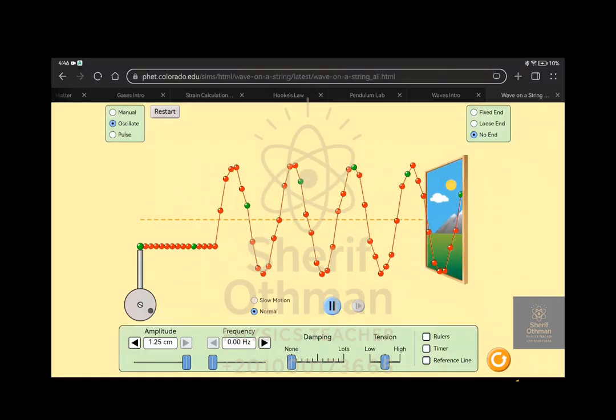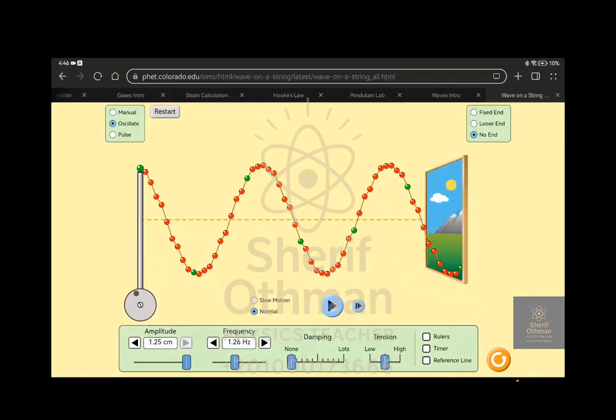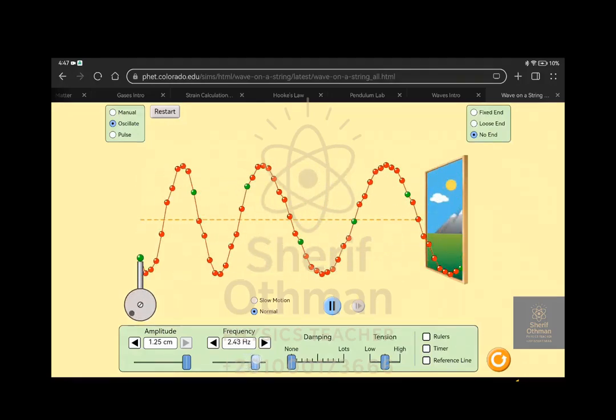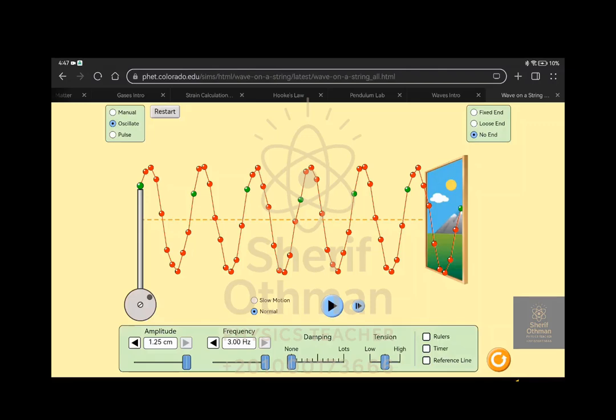By decreasing the frequency, the number of waves decreases per unit of time, and the wavelength increases. Notice that the wavelength increased. Decreasing the frequency increases the wavelength. By increasing the frequency, the number of waves produced in 1 second increases and the wavelength decreases.